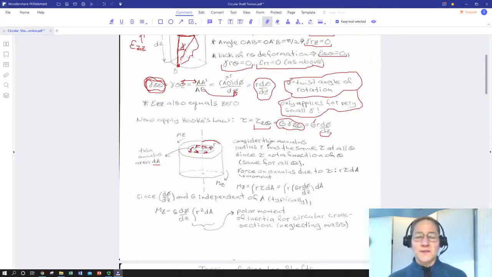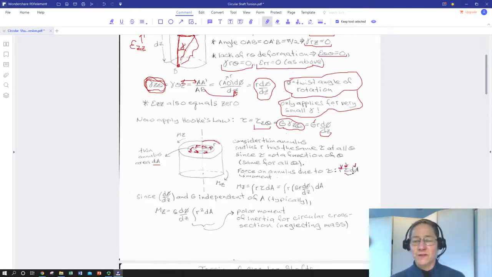And of course we're going to make the assumption that all of these little annuli at all of the different radii have the same shear stress. So we have a uniform z theta shear stress across the whole face. So it's constant. We can take it out of the integral. So we're going to start with the force on our little annulus. That's just going to be our shear stress, same everywhere, times dA.